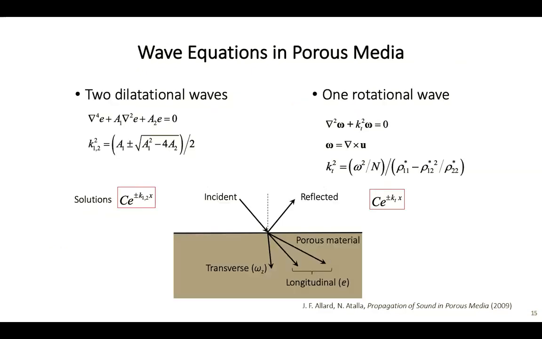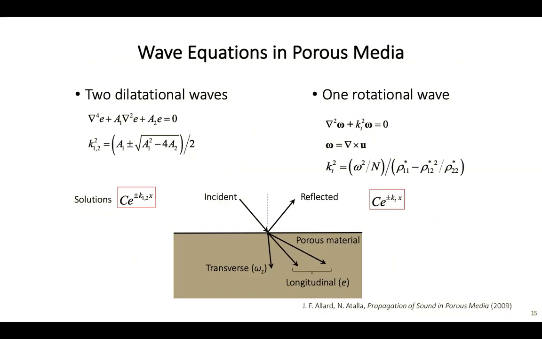In poroelasticity, when you come up with those equations of motion, you end up with wave equations. The difference from isotropic elastic materials is that you have two longitudinal waves and one transverse wave.